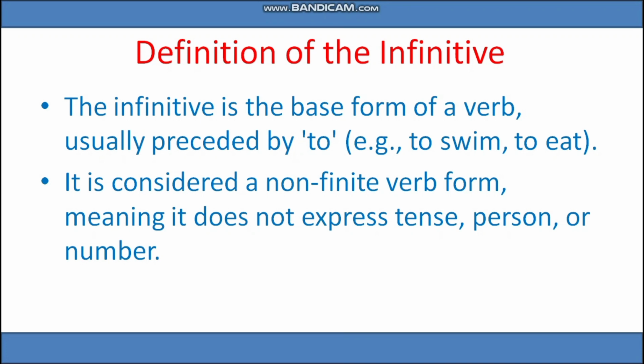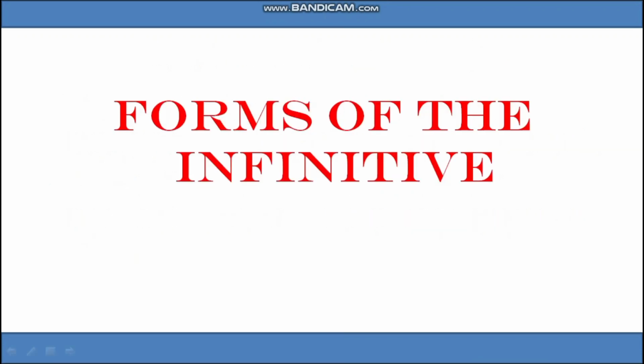Like we have studied participles, like past participle, present participle, and we have gerund, and we have this infinitive. These are non-finite verbs. These cannot be used as the main verb in a sentence. Got it? Okay, I hope that you have understood this.